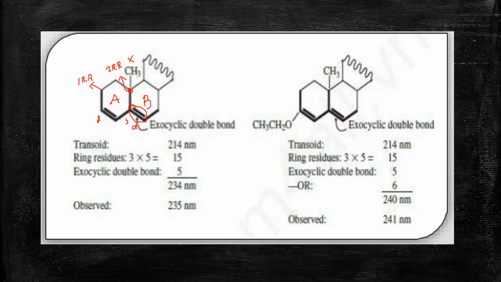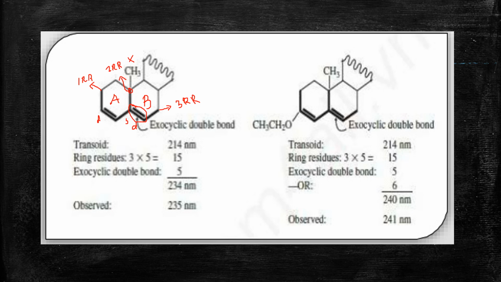And this adjacent carbon is also free, so 3RR. Totally this molecule has 3 ring residues. For one ring residue 5 nanometers, 3 ring residues is 3 into 5, 15 nanometers. There is no extended conjugation. So totally 234 nanometers for this molecule.